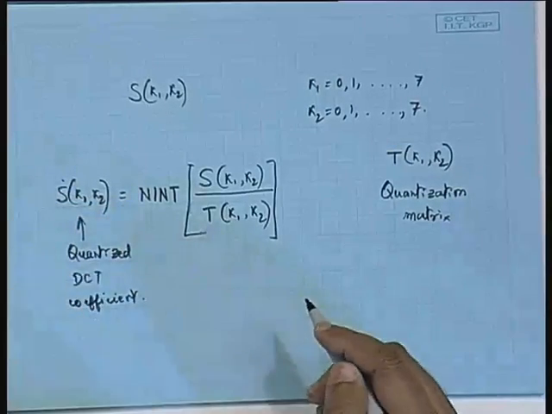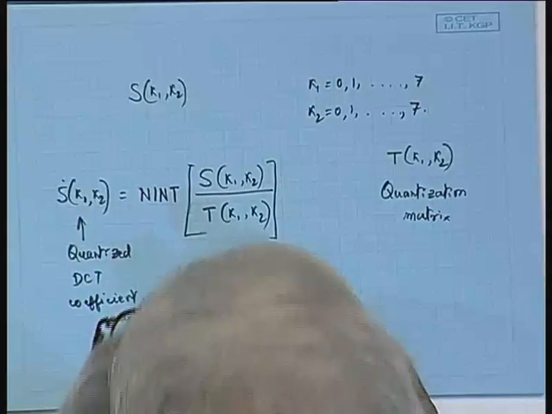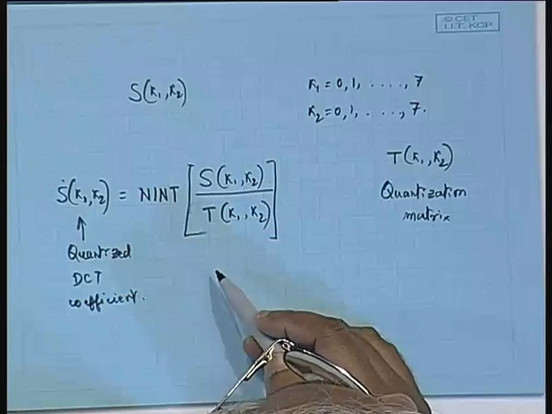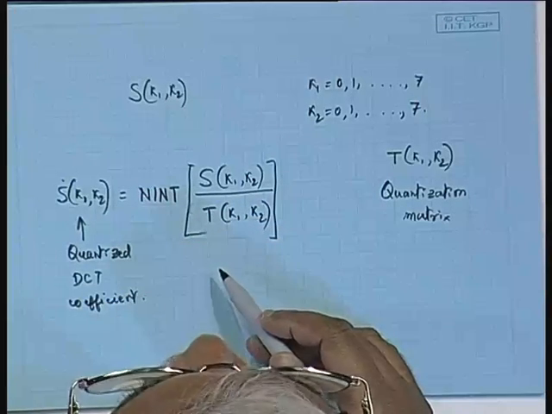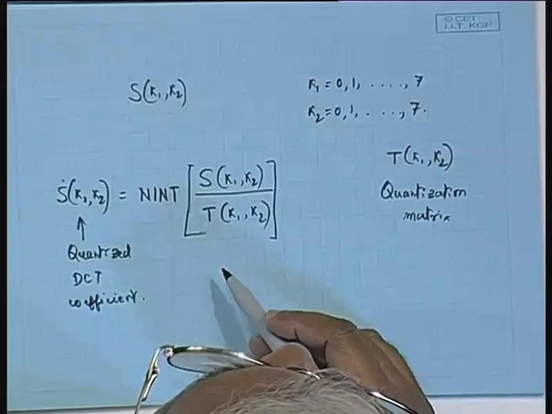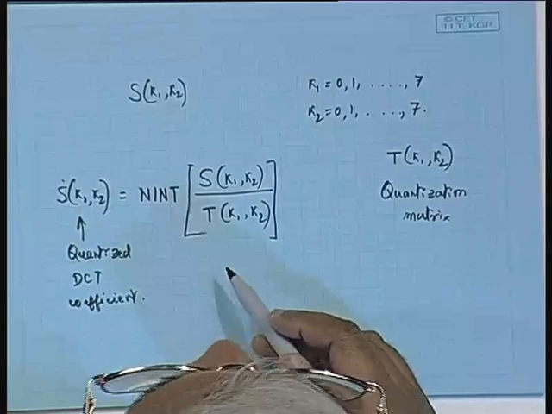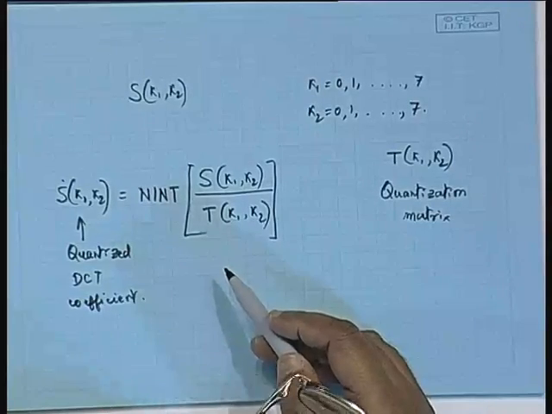Now, what is important to note is how one finds out what this T k1 k2 is going to be. What values do we put into T k1 k2, or what is the consideration for designing this quantization matrix?